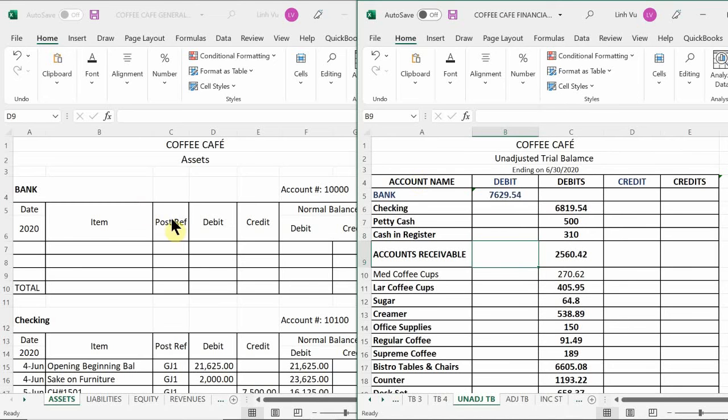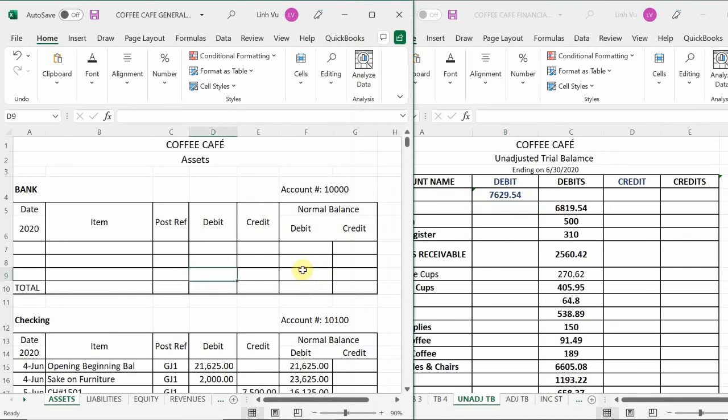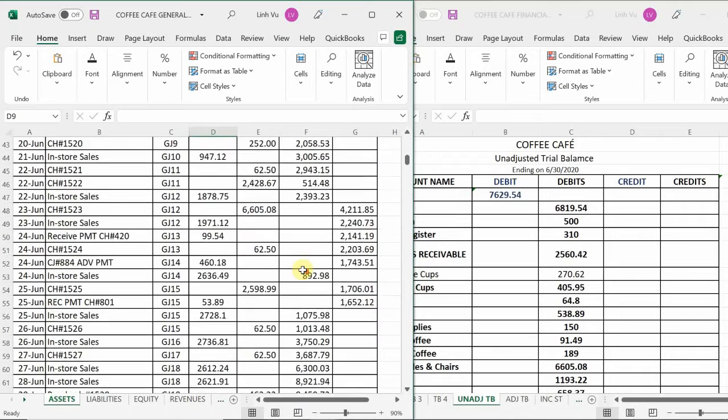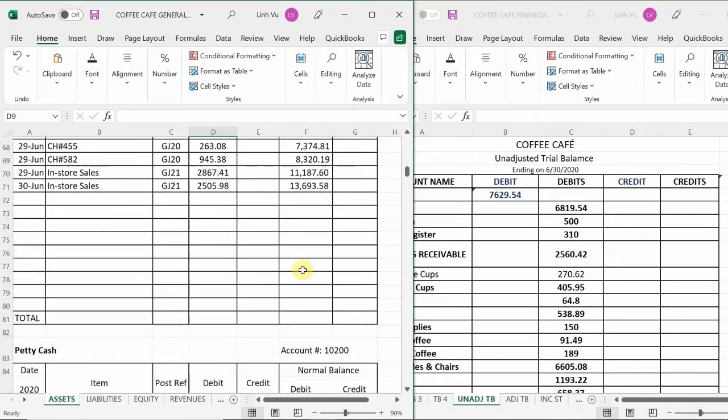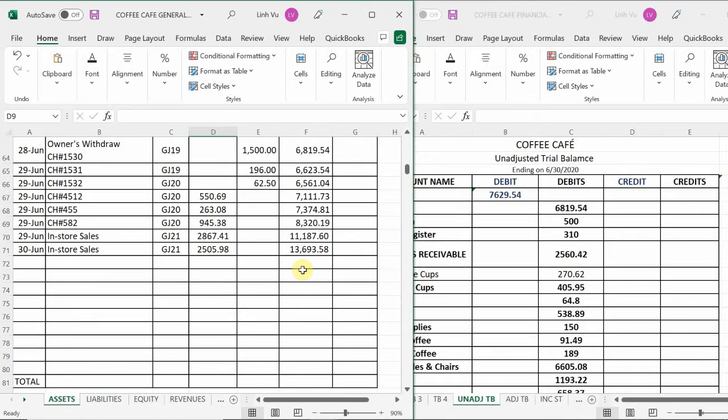But what I'm going to do is go through every single one. So these numbers are going to be strictly main accounts. Okay? So my first one is my checking, petty cash, and my cash in register. And we're going to update the sub accounts as we go.